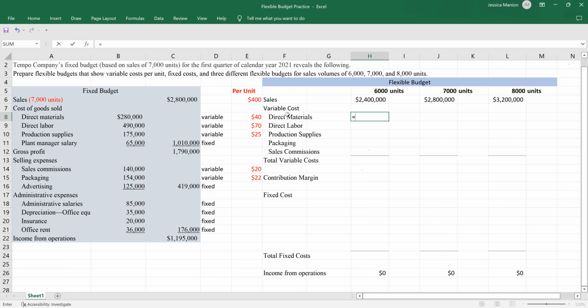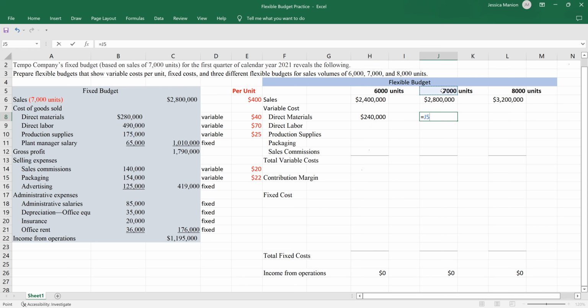So direct materials at 6,000 units, we take our 6,000 units times the direct material cost per unit. So at that level of activity, direct materials would be 240,000. Again, we already know at 7,000 units, we saw that on our fixed budget, but now we're putting it into flexible budget format.